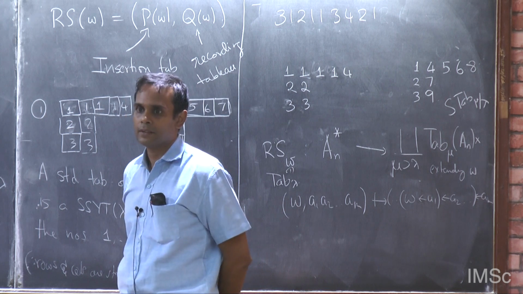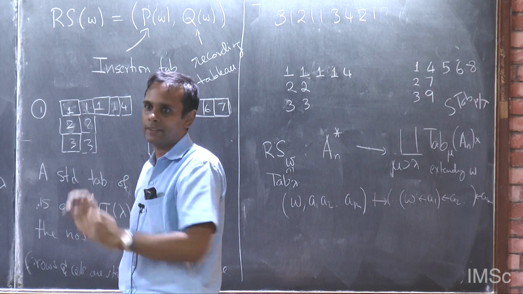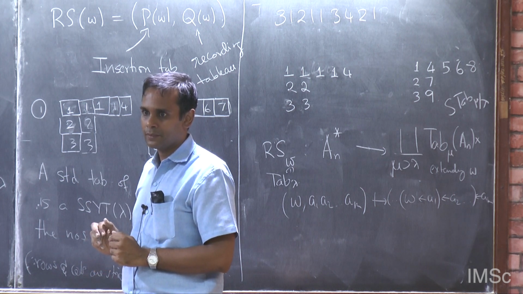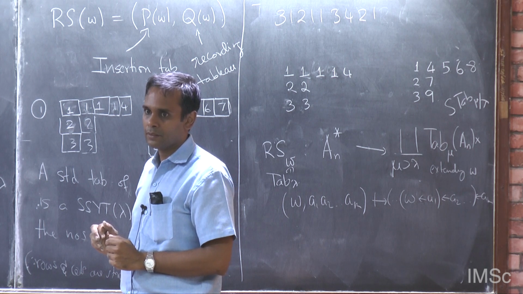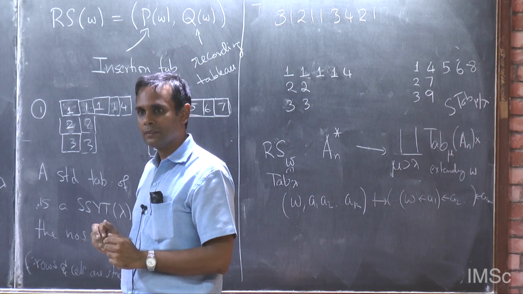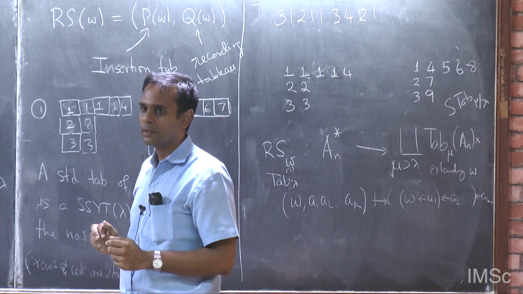So, you do column insertion and then you still keep the recording tableau. Oh, which one? Knuth's one, where you count every element as less than or equal to.